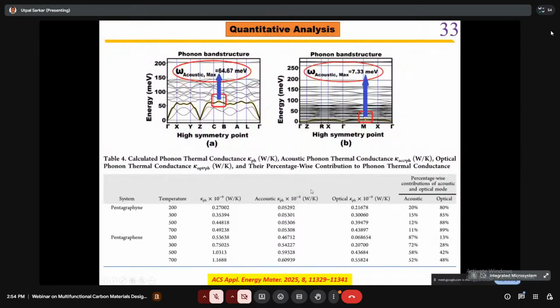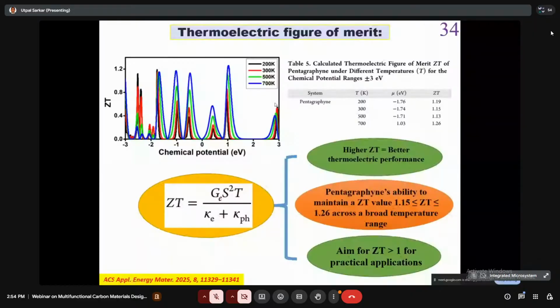So we conclude that this particular material is good for thermoelectric performance. It gives higher ZT, and this ZT we have characterized using the Seebeck coefficient, the electronic part of thermal conductivity, the phononic part of thermal conductivity.